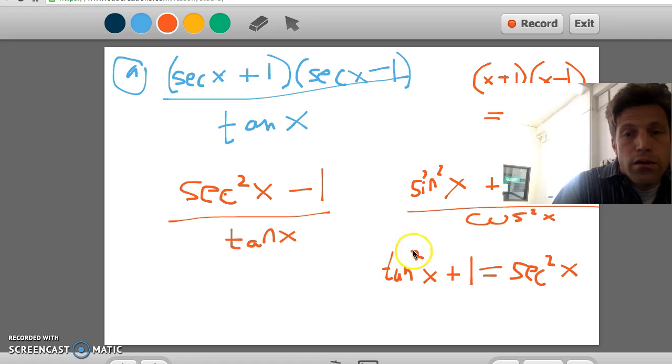Well, now, if I subtract 1 from both sides, I know that secant squared x minus 1 is tan squared x. So what this problem really is, is tan squared x over tan x.